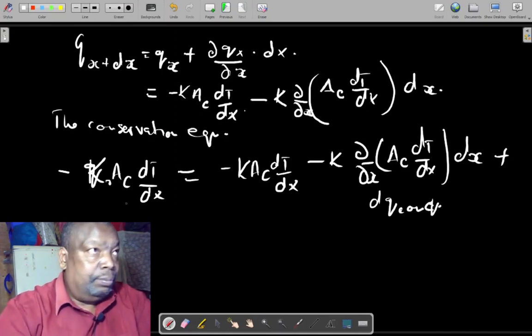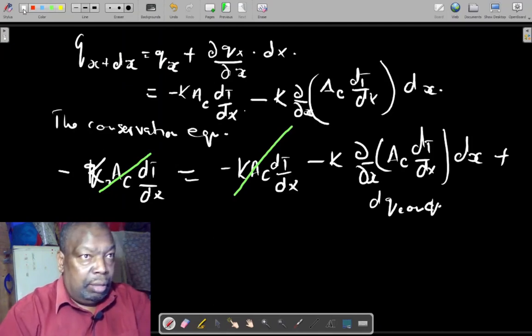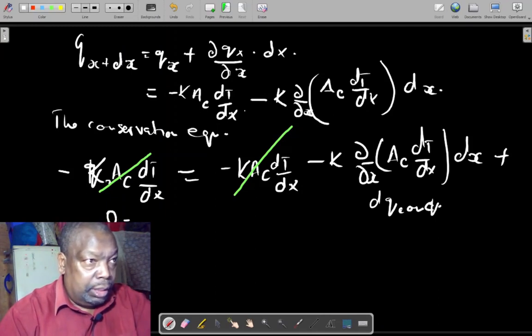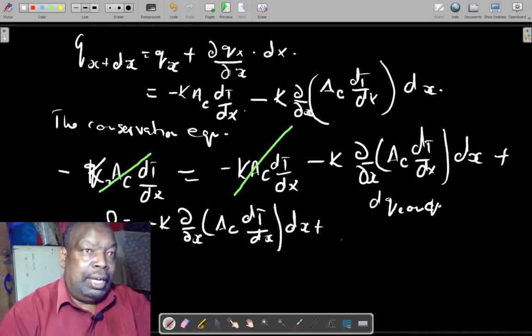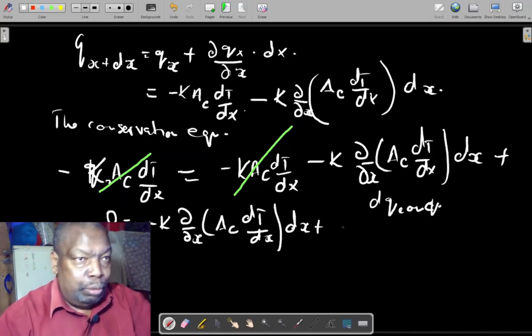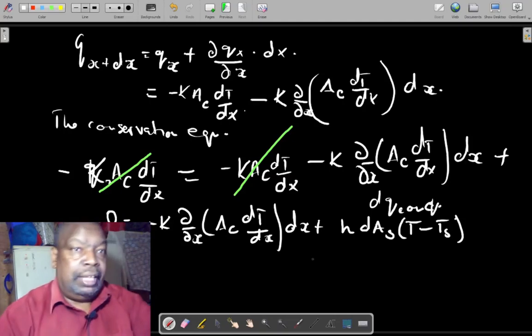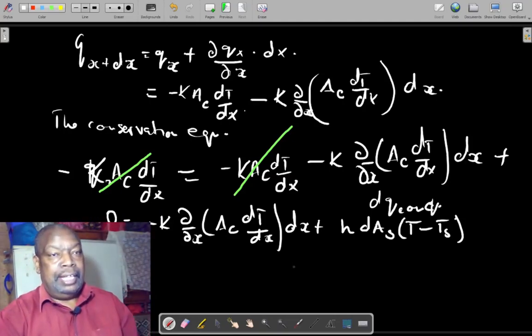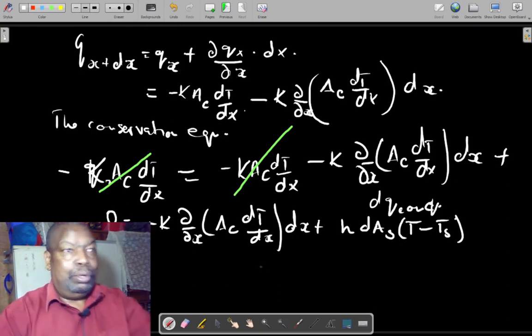So as you can see, that and that cancel out, and we're left with 0 equal to minus k d by dx of (Ac dT by dx) plus dQ, the small convective heat outflow, which is the same as h times dAs times (T minus Ts), where Ts is the temperature of the surroundings and T is the temperature of the fin at the small cross section.